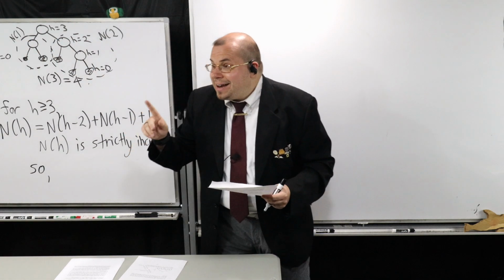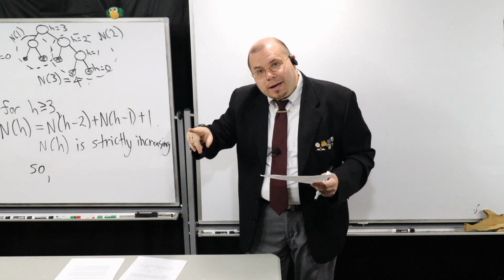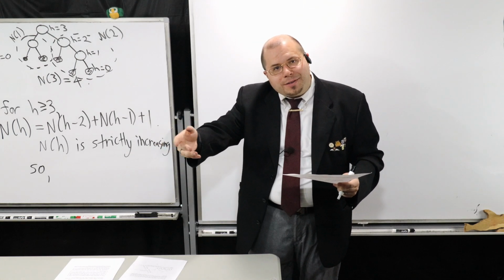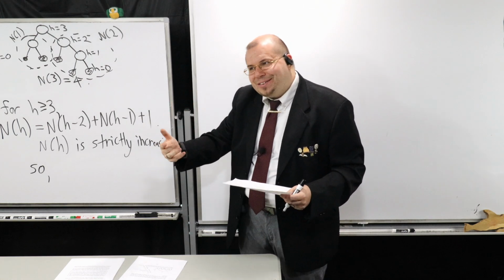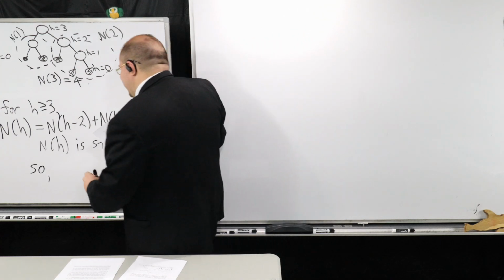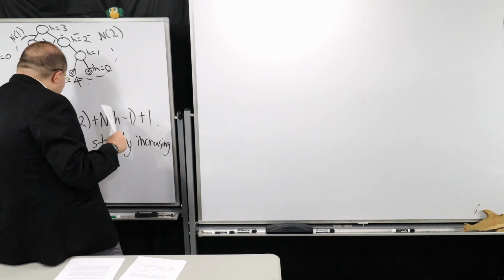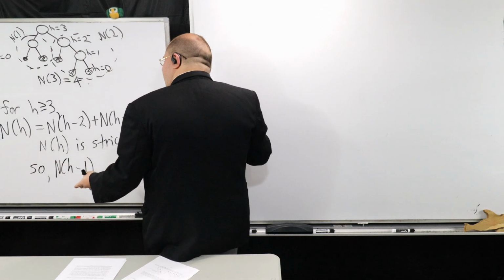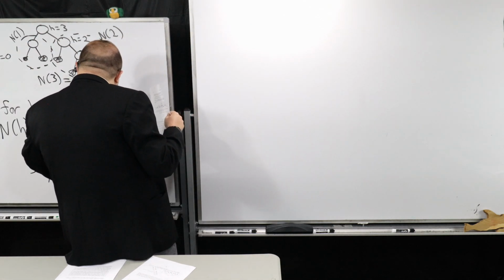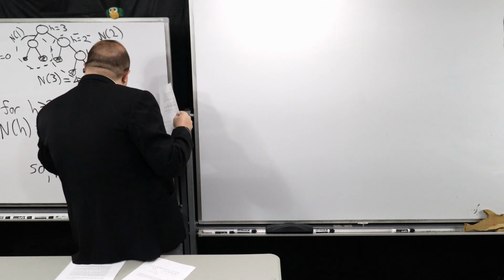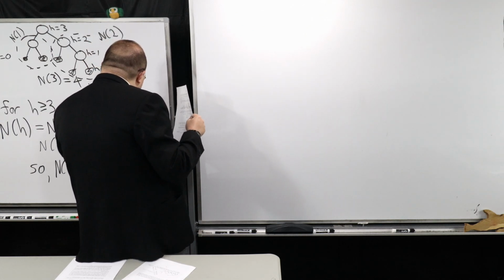That means that n of h minus 1 has to be strictly greater than n of h minus 2. So if I give you the input of this function and I subtract off 1 from h, this has to be strictly bigger than n of h minus 2.